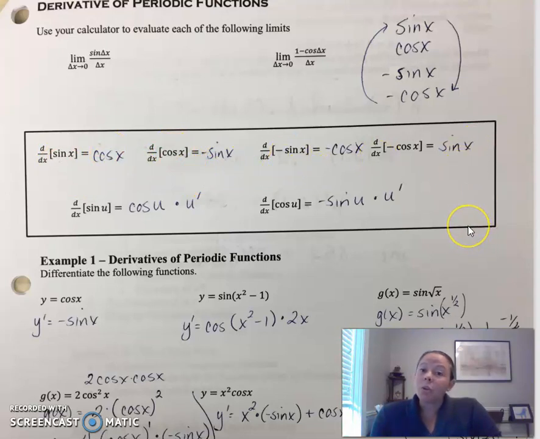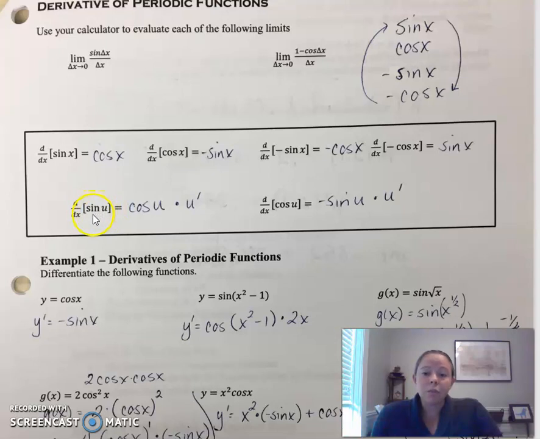All right, now you can also use the chain rule. And in this case, you'll notice that back in 3.3, we talked about most of the chain rule types of problems are going to have a nice parenthesis and it's being raised to a number. So it's pretty obvious to see what the inside function is. It can get a little complicated with the trig functions, but this is a really basic one where the outside is actually sine.